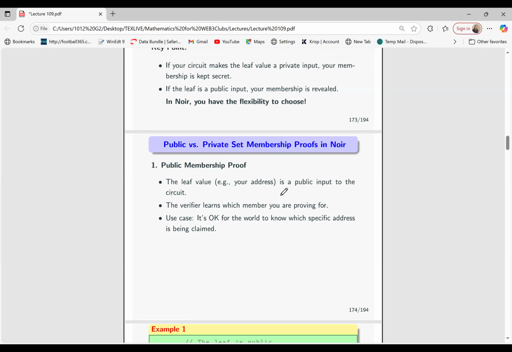This is just to mention that when you're writing your circuit, you must know what you want to keep private and what you want to keep public. What we want to discuss now is how to keep it public.